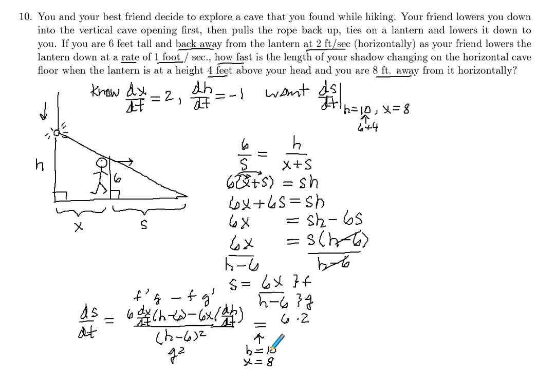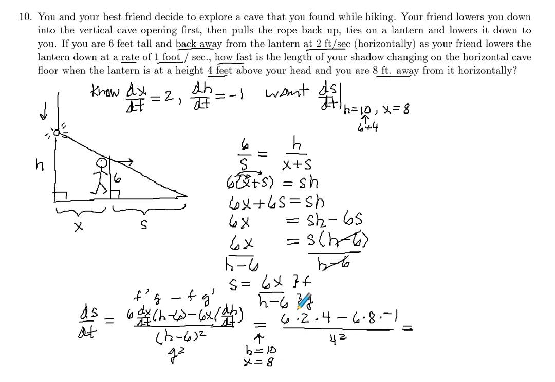Now h is 10, so this will be 10 minus 6, which is 4, minus 6x dh dt, so 6, times x, which is 8, and then times dh dt, which is negative 1, and then divide everything by h minus 6 squared. Well, h is 10, so 10 minus 6 is 4, so that's 4 squared.